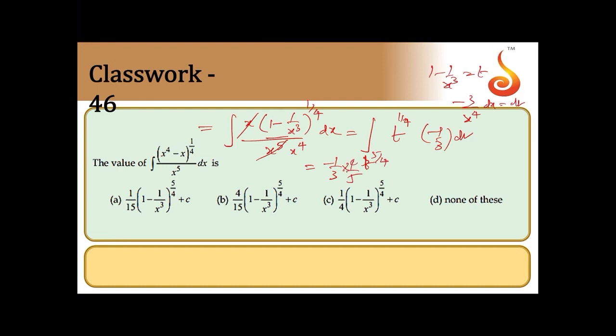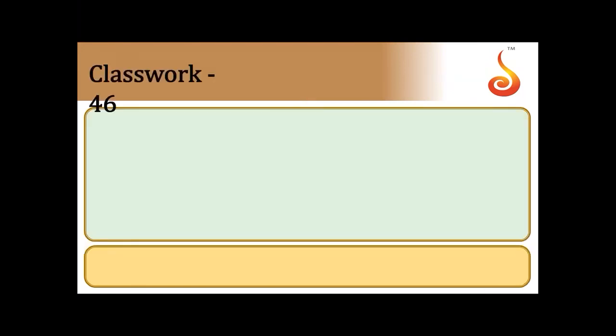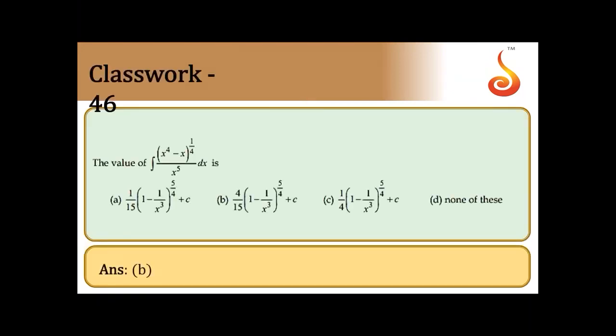So 4 by 15 times, with the minus sign, minus 3. Minus minus, I think you'll be getting plus sign only. So you'll be getting 4 divided by 15 times. 4 by 15, I think it is only the B option. So the answer is B.